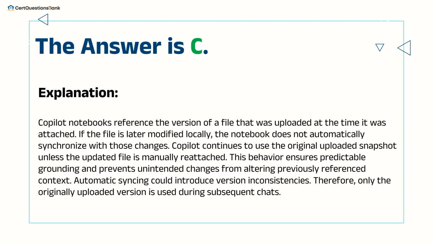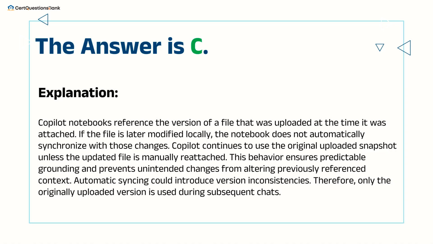The answer is C. Copilot notebooks reference the version of a file that was uploaded at the time it was attached. If the file is later modified locally, the notebook does not automatically synchronize with those changes. Copilot continues to use the original uploaded snapshot unless the updated file is manually reattached.